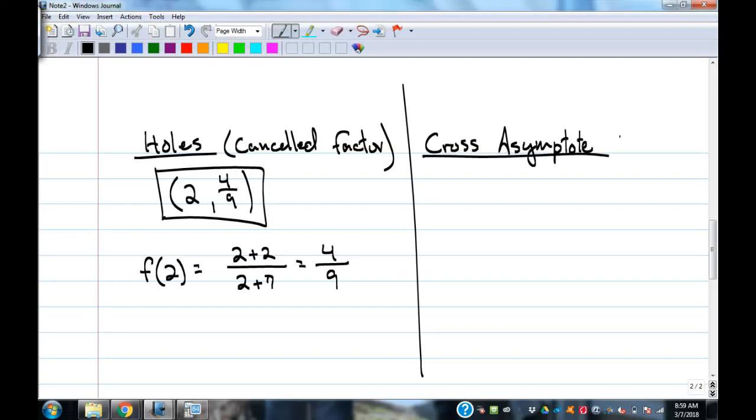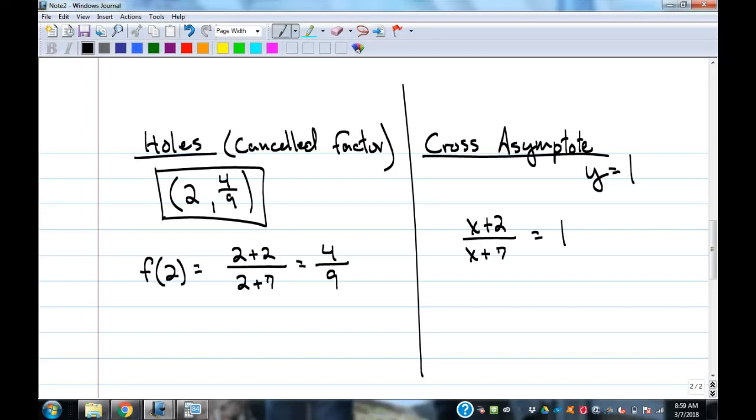So, does it cross the asymptote? Well, it's a horizontal asymptote, which was y equals 1, right? We're going to set the simplified version equal to 1 because that's what y is. If I set x plus 2 over x plus 7 equal to 1, that's going to tell me does it cross it.